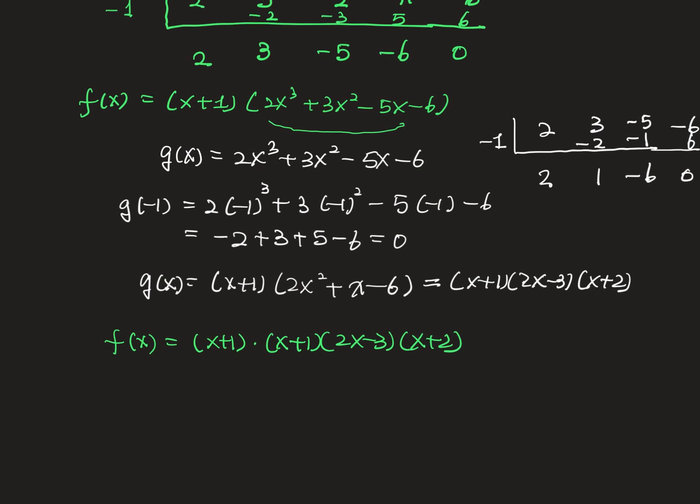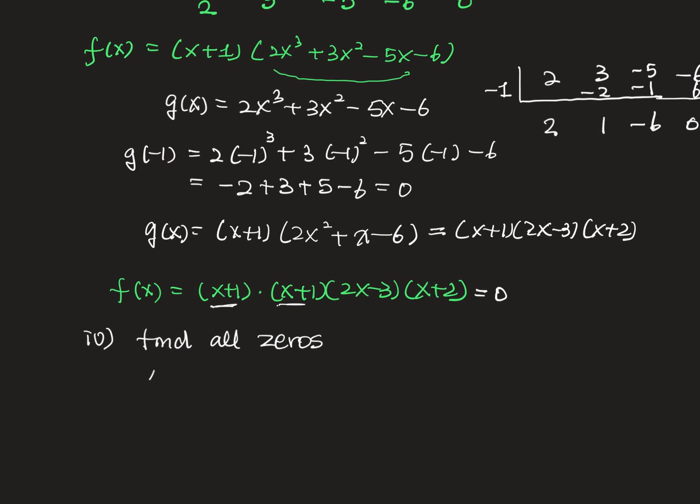Now let's go find the zeros. First, find all the zeros and multiplicity. Okay, so this one is a zero. How many x plus 1? Right here, 2, right? So you have x plus 1 equals 0, and you have 2. That's the multiplicity.